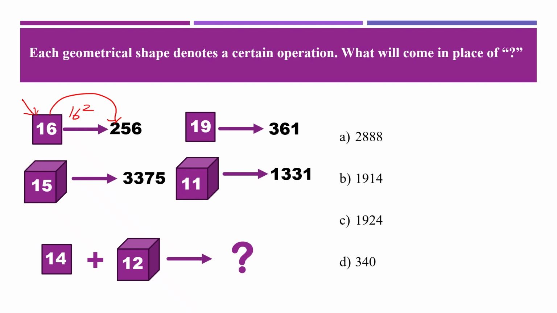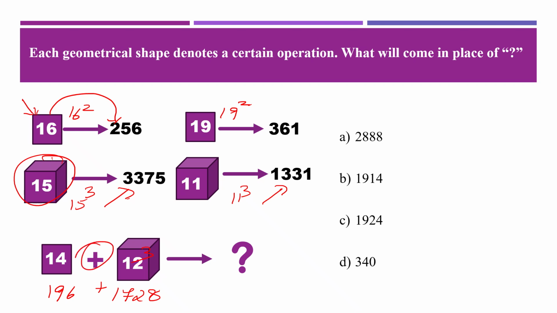16 square is 256. At the same time, 19 square is 361. Great. I believe this is a cube, which is nothing but 15 cube, we have 3375. At the same time, 11 cube is 1331. Great. Then 14 square is 196, and 12 cube is 1728.